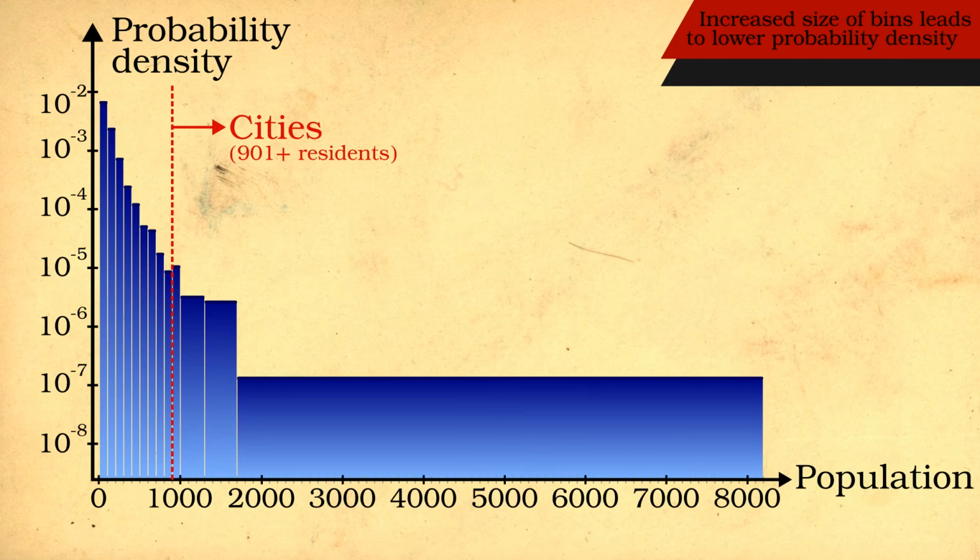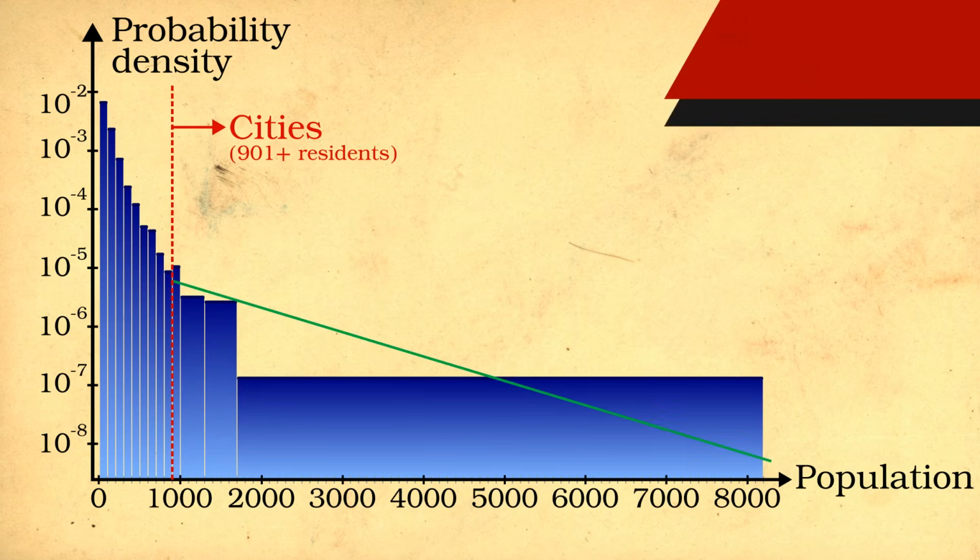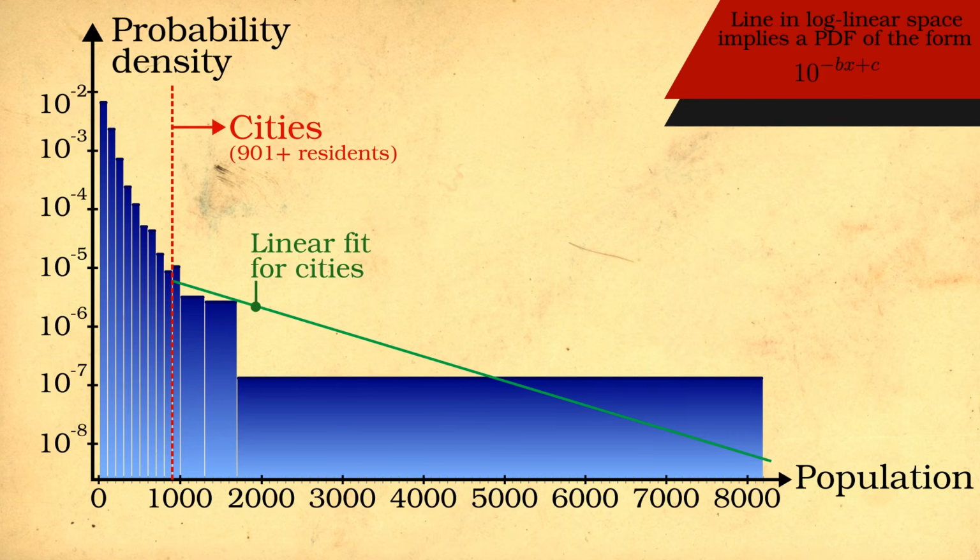I have the bin edges go from 1,000 to 1,300 to 1,700 and in a single bin all the way up to 8,200. Taken like this, it's still a bit noisy, but with a logarithmic scale I'm going to shut my eyes and pretend that this is roughly a straight line, meaning that the probability distribution is exponentially decaying.